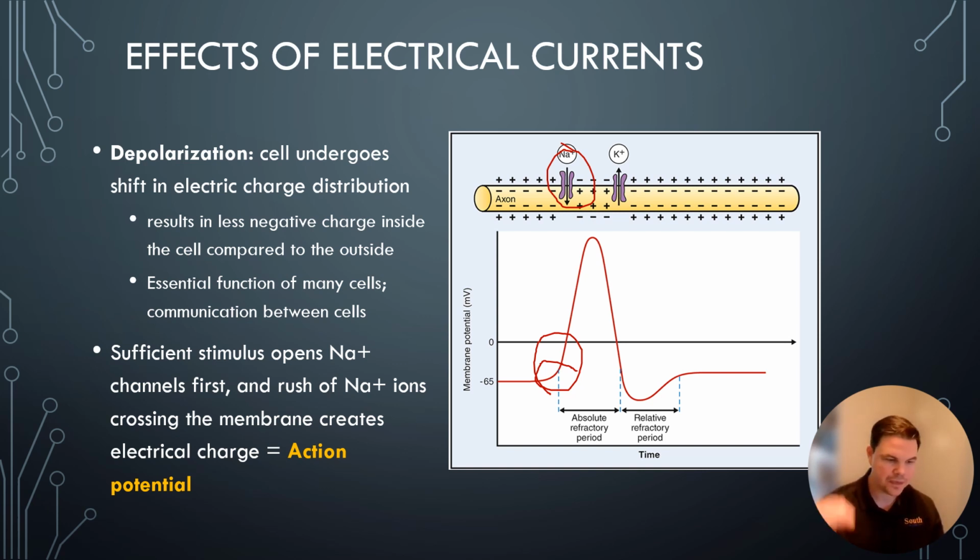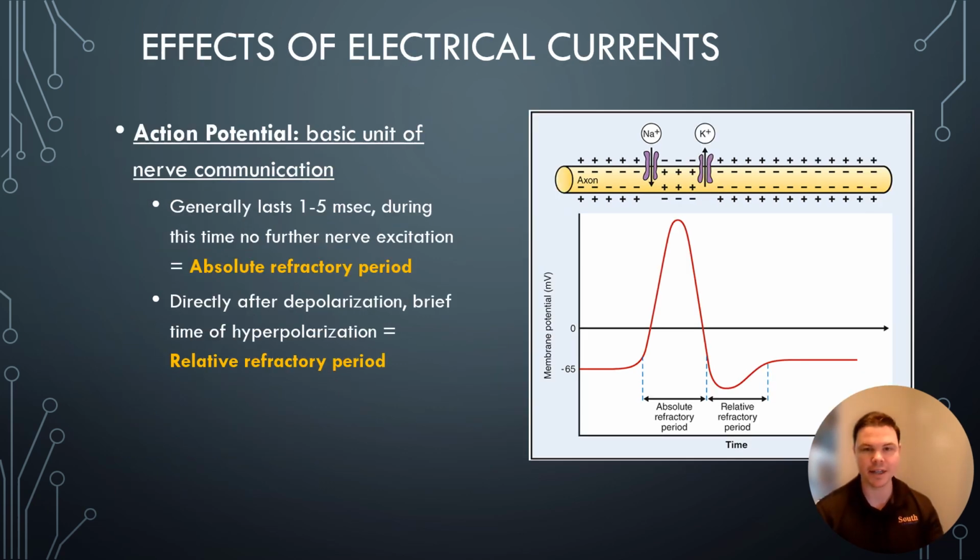So like I mentioned, it has to depolarize to a certain level before you can create an action potential. It doesn't just happen automatically. That keeps us from responding needlessly to stimulus that doesn't warrant any kind of action potential impulse being communicated to the brain or from the brain or whatever the case may be.